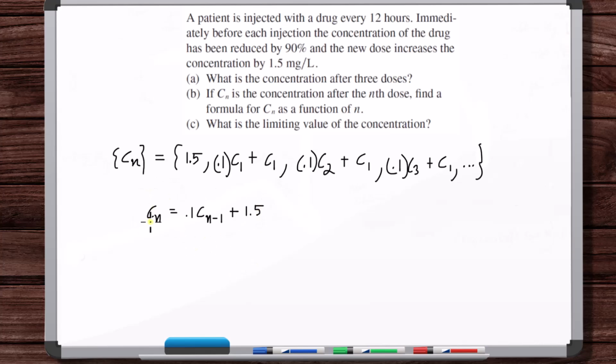You have a term defined in terms of previous terms, but I would rather do it this way. I think this works out a little bit cleaner since in general I want to consider this to be the first term when we do the C sub n formula. So 0.1 times C sub n.